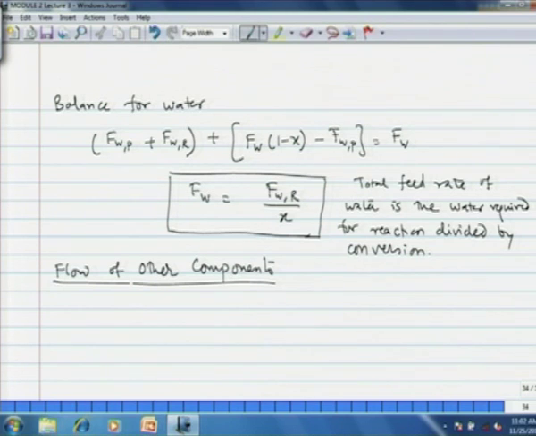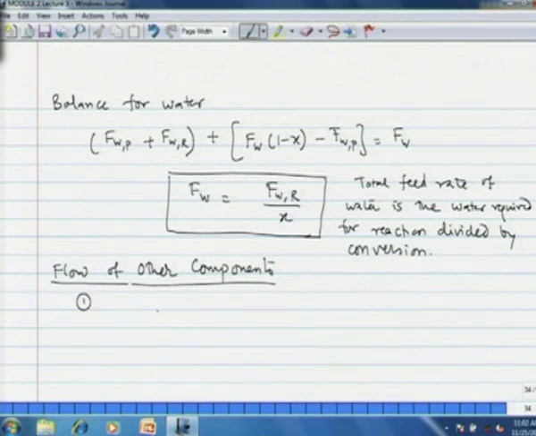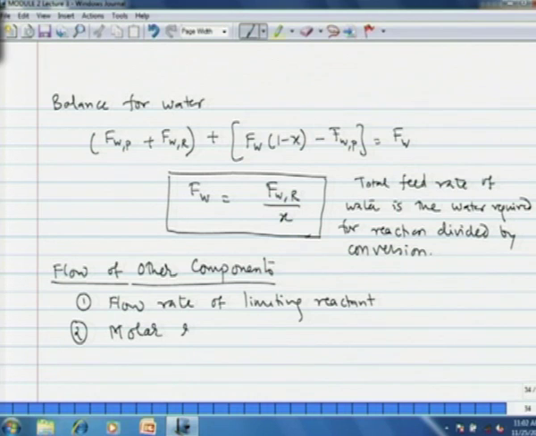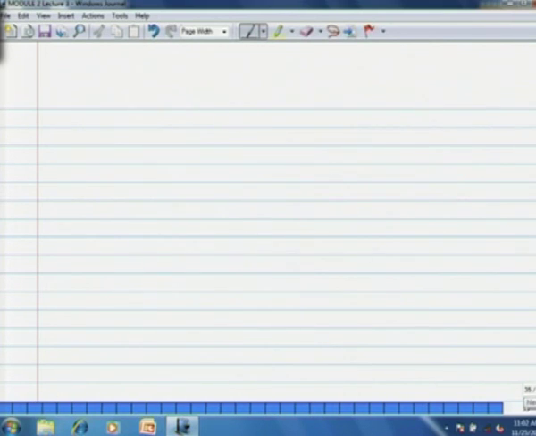Now, what we know at this stage is the flow rate of limiting reactant, both fresh reactant as well as recycled, and then we have to specify the molar ratio of other components to the limiting component. Now, again we go back to the HDA process as example. Here the other reactant is hydrogen and it is fed in excess. Okay.